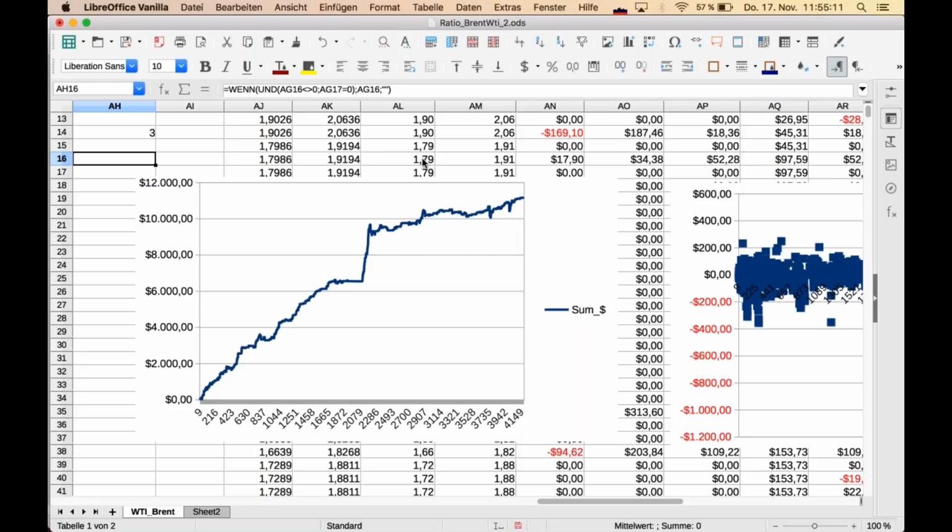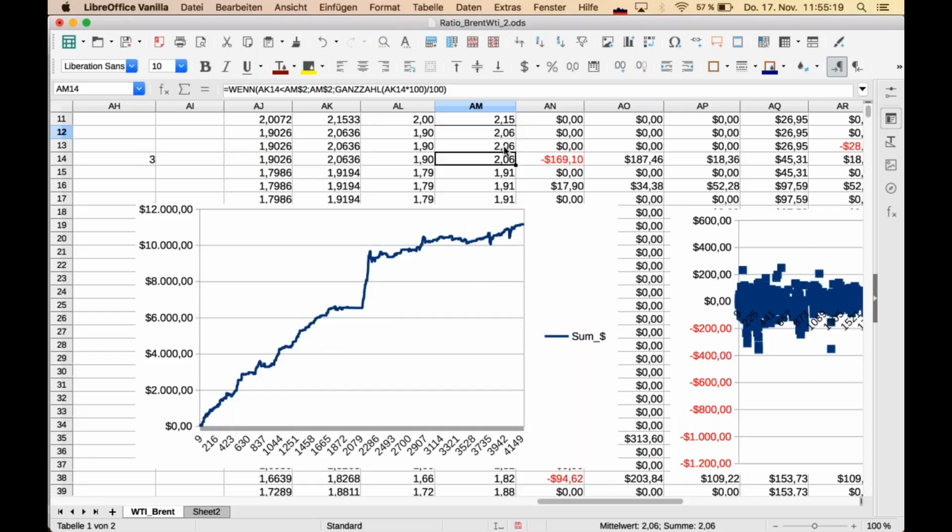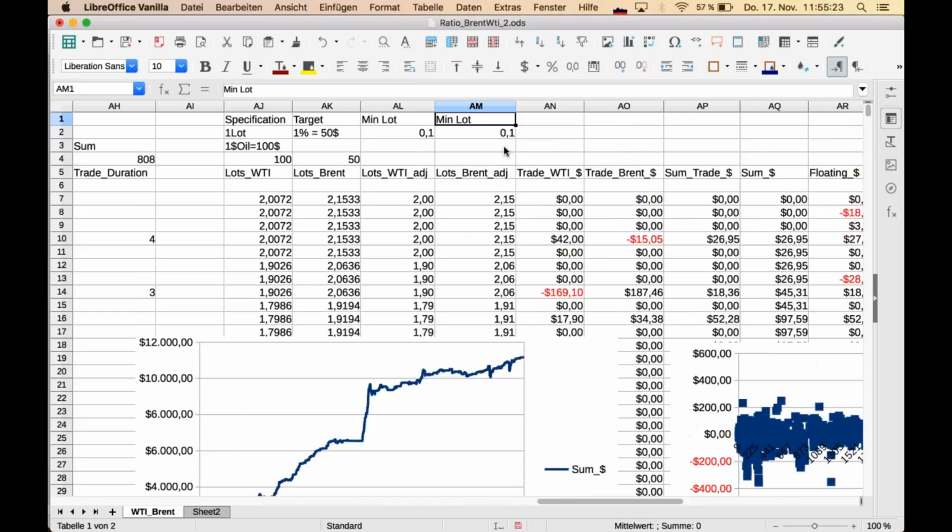But that is only a rule of thumb now. So a $2,000 account would be enough to trade that kind of strategy, and calculating always everything with those lot sizes.